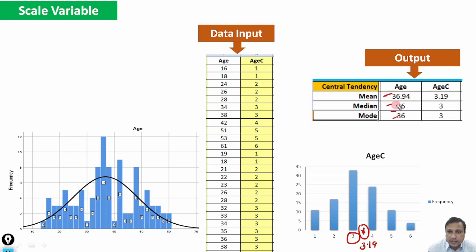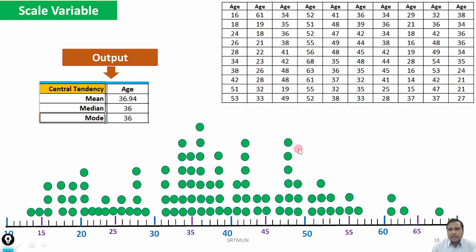All these points for age will lie somewhere here, and I can give some meaning to them, because this is a continuous frequency distribution. Here this is a histogram; that is a bar chart or a column chart. I cannot give meaning to these numbers, because these are all discrete values. So this is the way that we read and interpret the result for the scale variable.